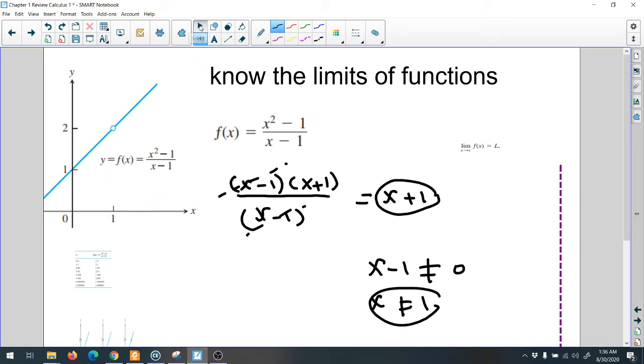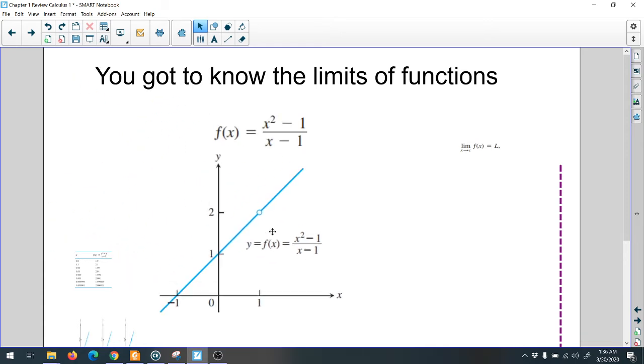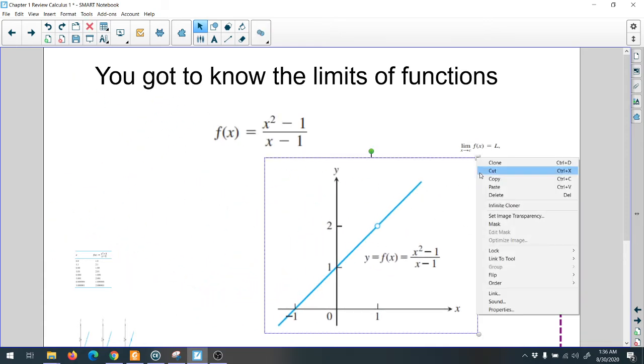So what's the difference between the value of the function and the limit of the function? Let's see that. We'll try to bring this graph over here, and we will draw a vertical line.